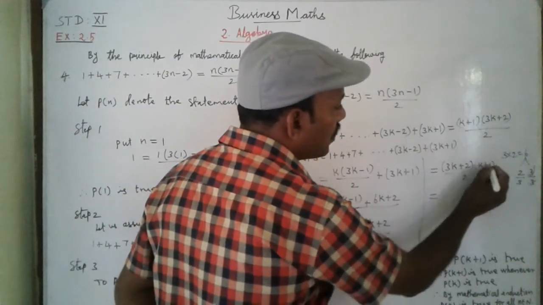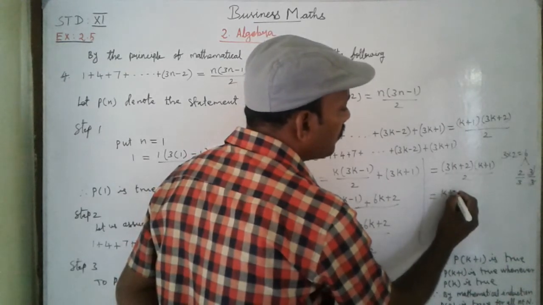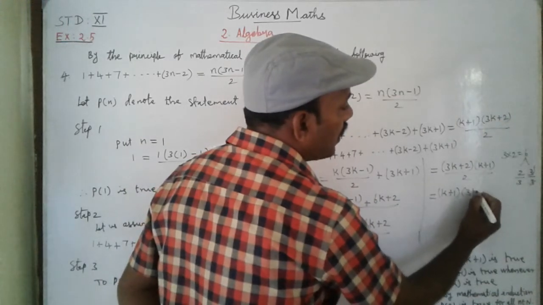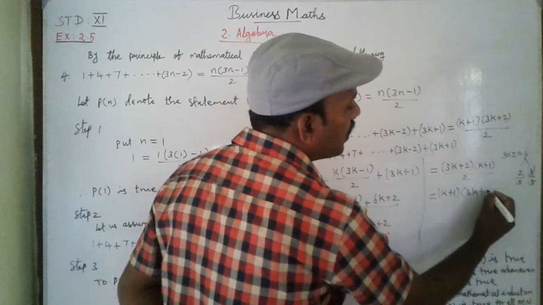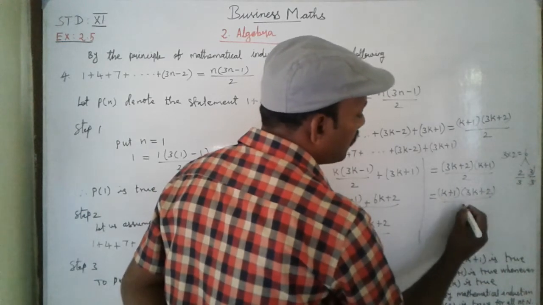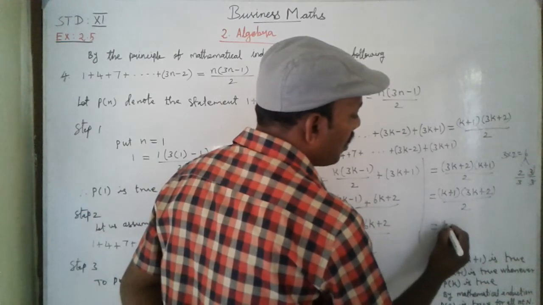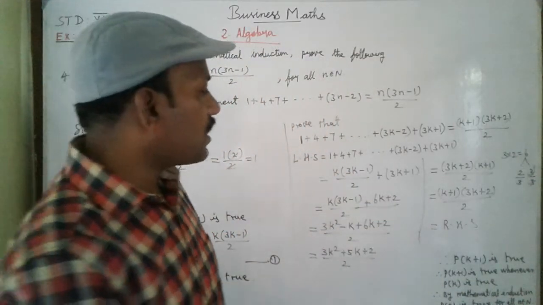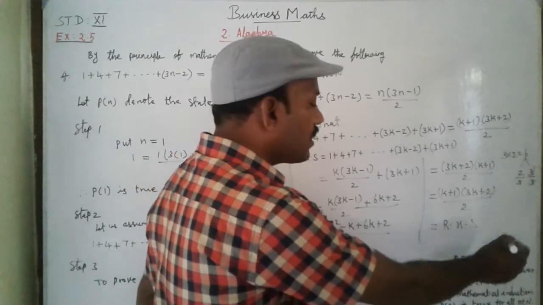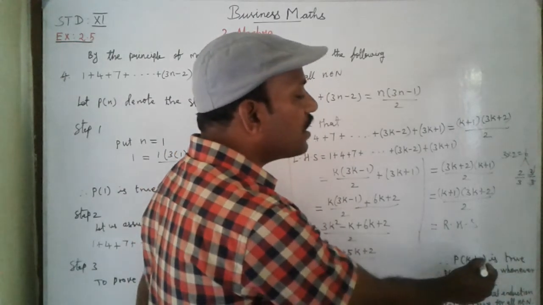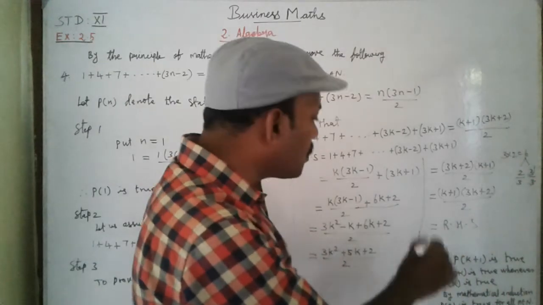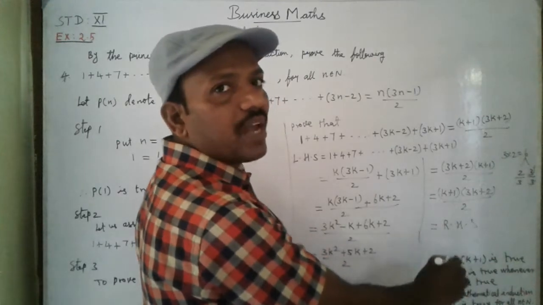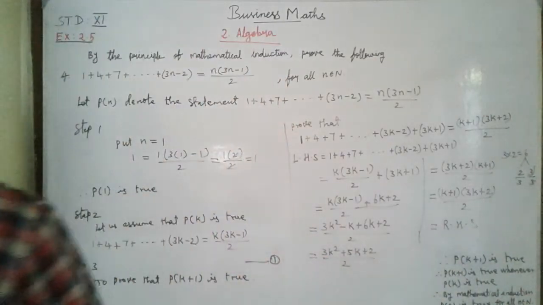First term is k plus 1, so (k plus 1) into second term is (3k plus 2), divided by 2, equal to RHS. LHS equals RHS. Therefore, P of k plus 1 is true whenever P of k is true. By mathematical induction, P of n is true for all n belongs to N. That's all.